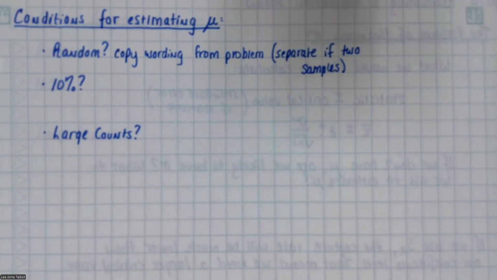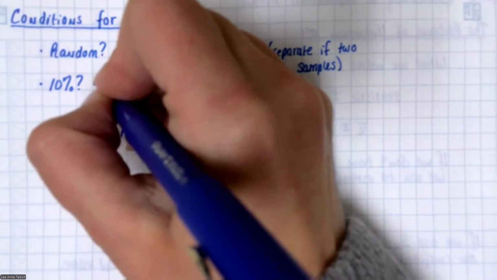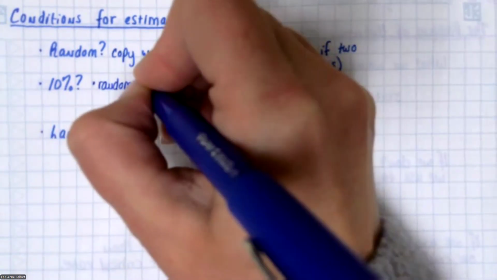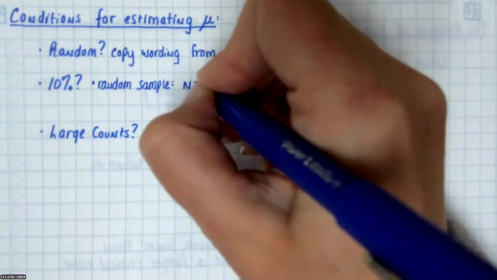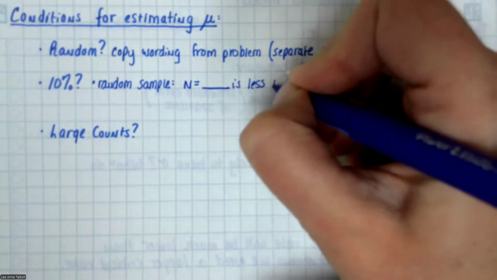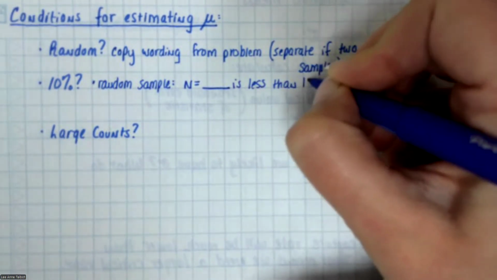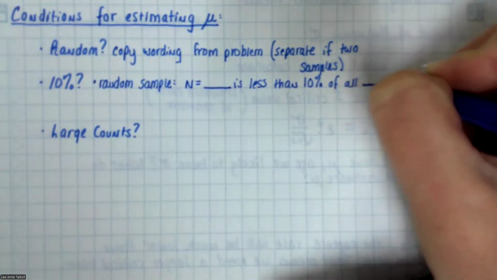Okay, now the 10% condition, there's two options. Neither of them are new to you. So if you have random sampling, you say n equals blank is less than 10% of all blank.